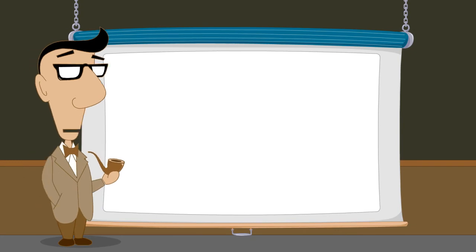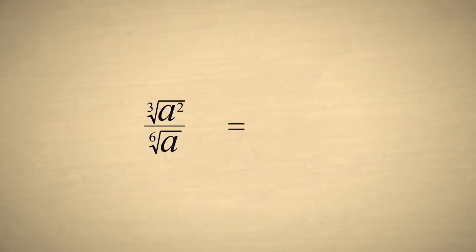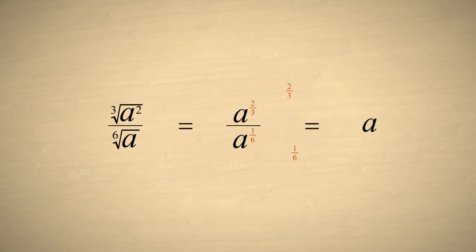Let's do one more example, simplifying the cube root of a squared over the 6th root of a. We can start by writing the cube root of a squared as a to the 2/3 and the 6th root of a as a to the 1/6. We then subtract the exponents 2/3 and 1/6.